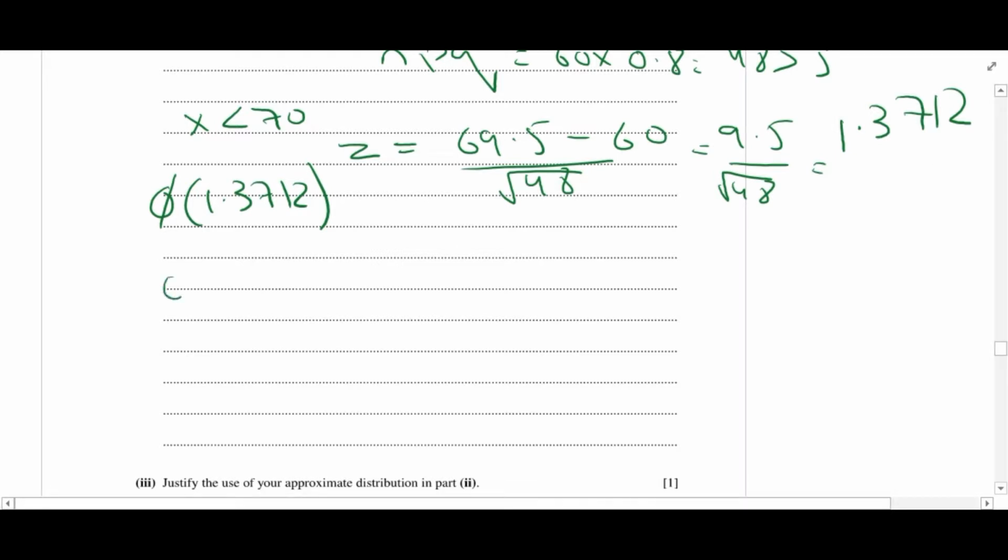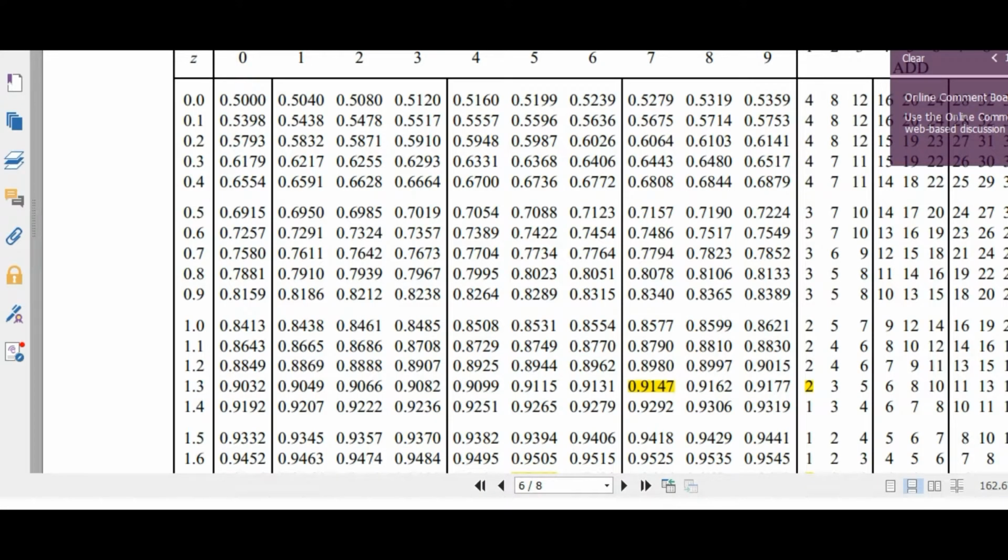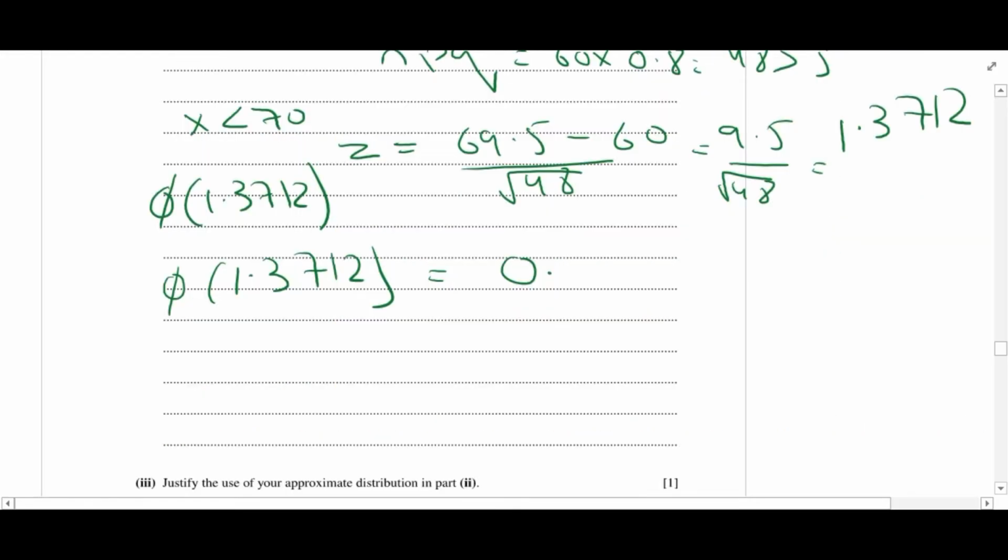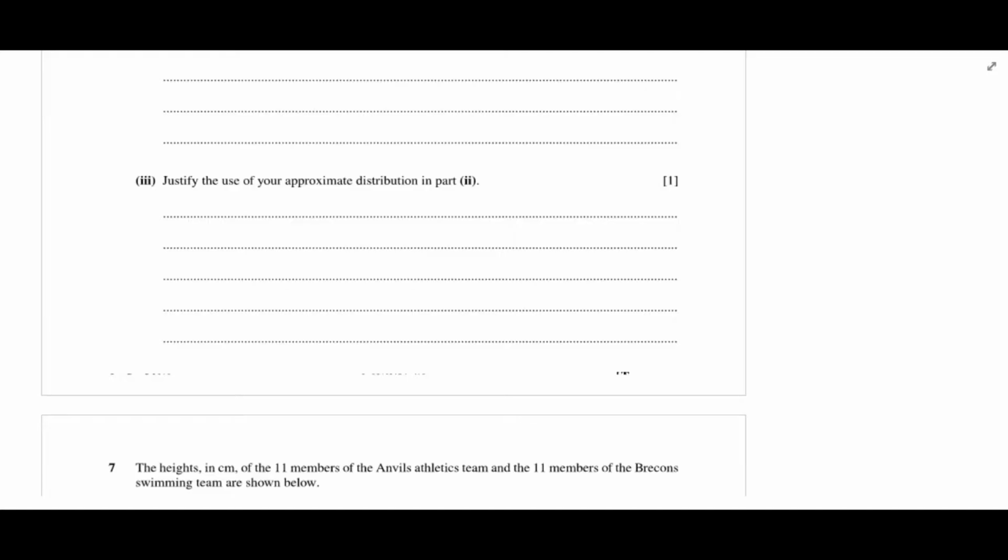That would be 0.9149. So the answer would be phi of 1.371 is 0.9149.